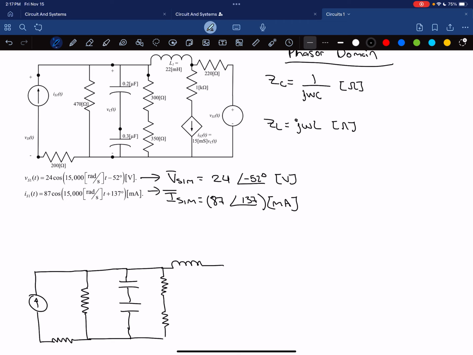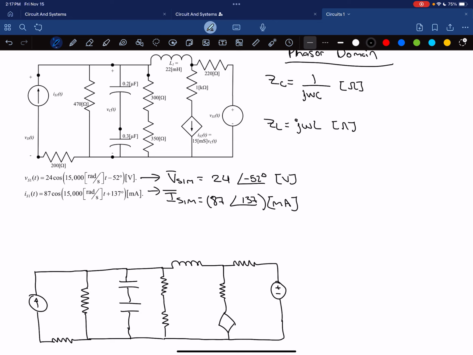We have an inductor, a resistor, a current source, and finally we have this voltage source.